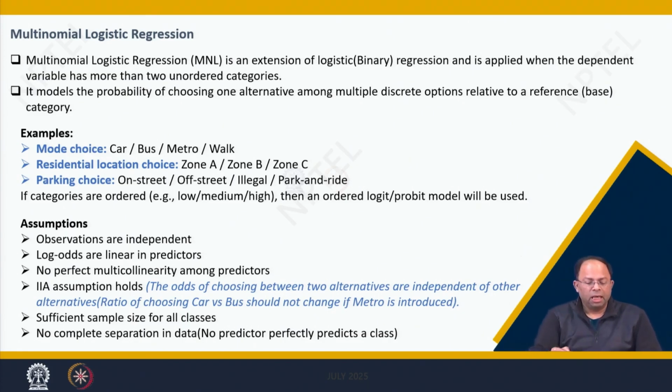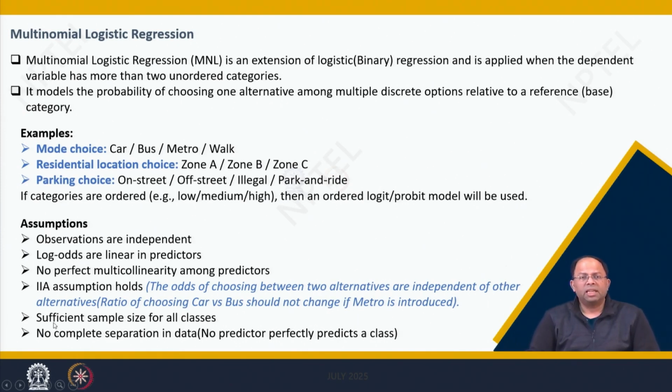In this particular case, the ratio of choosing car versus bus should not change if metro is introduced or we change something in metro. That is, the relative probability between two alternatives doesn't change if we change some third mode. But actually, it's not always the case. But yeah, this is an assumption of the MNL model.